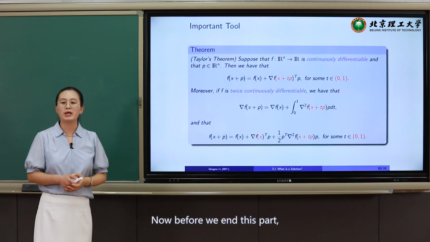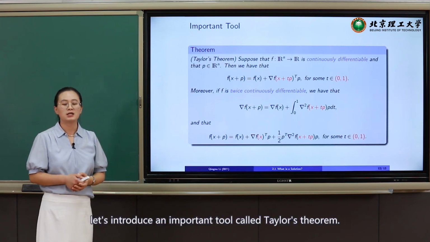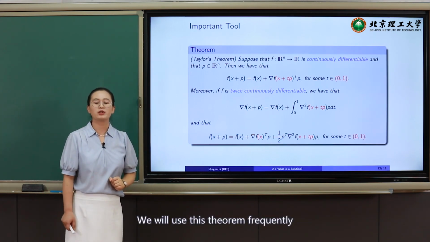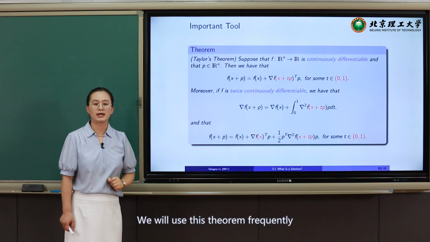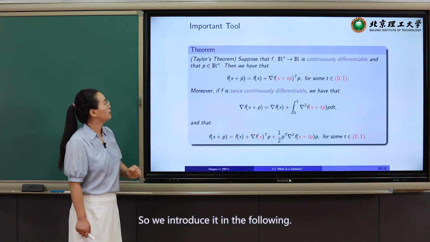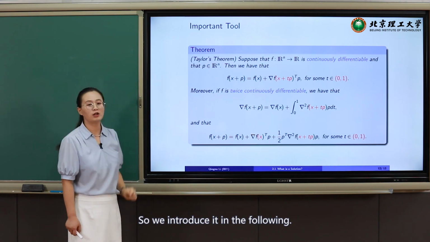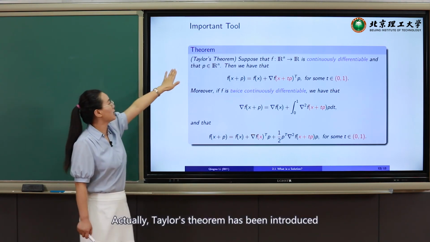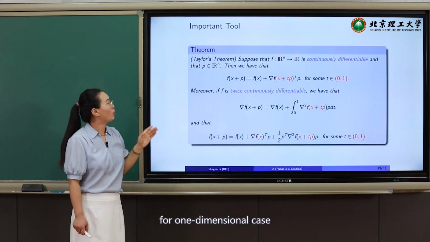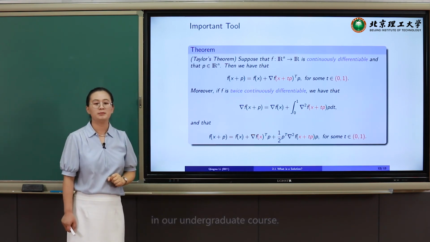Now, before we end this part, let's introduce an important tool called Taylor's theorem. We will use this theorem frequently in our subsequent chapters. Taylor's theorem has been introduced for the one-dimensional case in our undergraduate course.